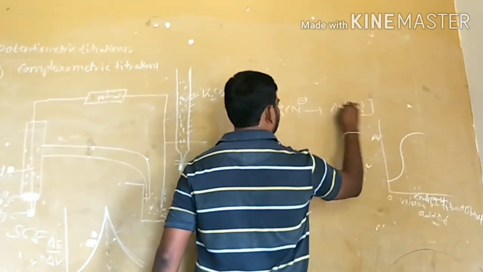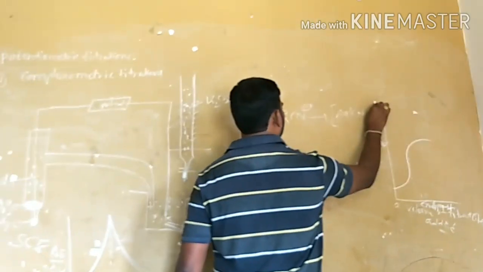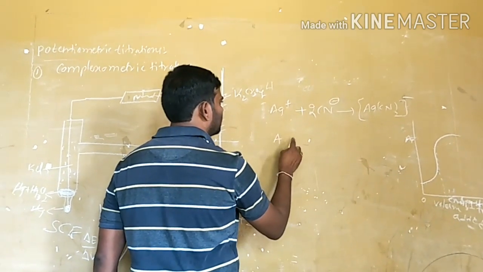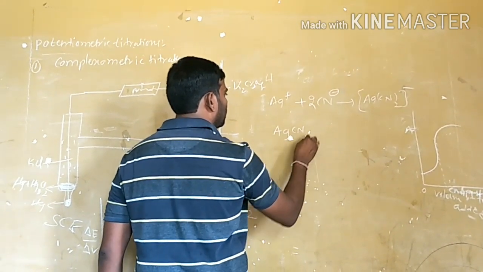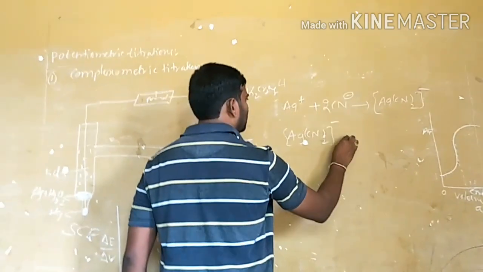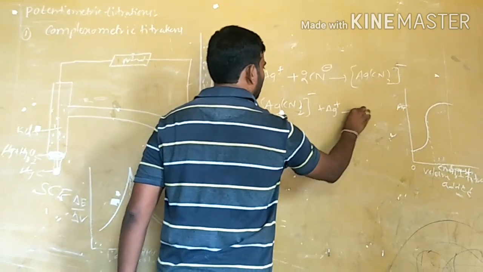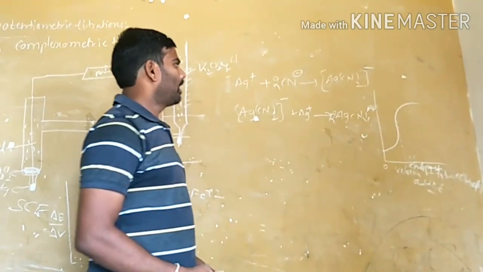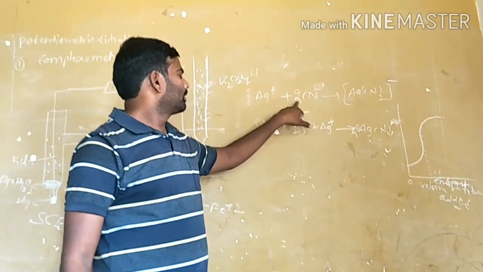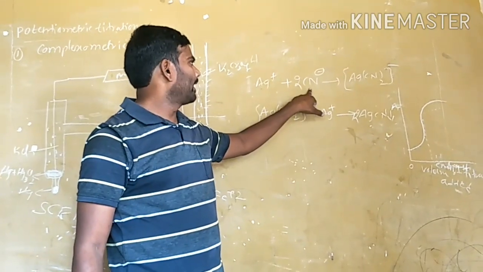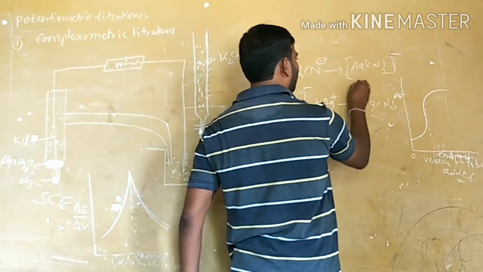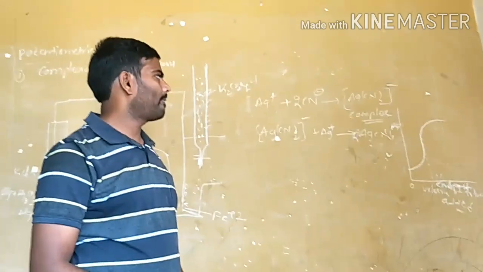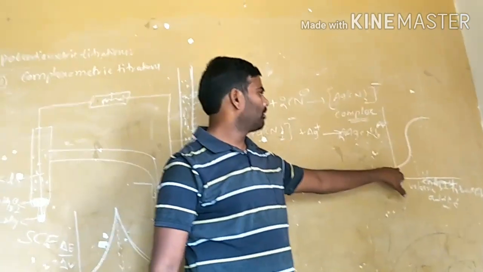the Ag(CN)2 complex. This complex reacts with Ag plus ions, producing 2 moles of AgCN. Here, in the titration of silver nitrate with cyanide ions, a complex is formed, and as the complex forms, the potential values increase.